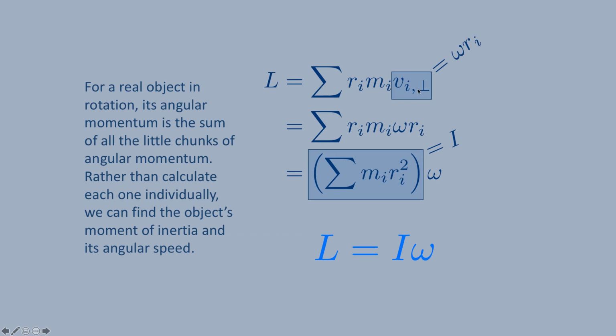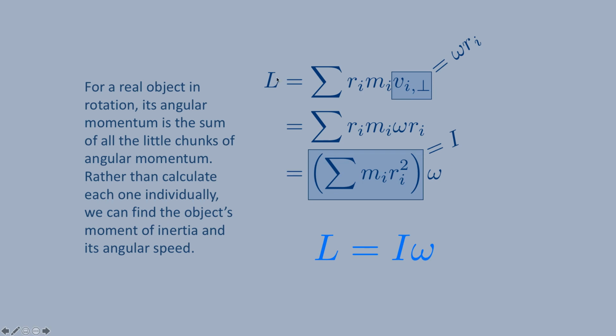So that replaces this, and we have it in the formula like this. Put the R's together and realize that omega is the same for all of them, so you can bring it outside, and then we arrive at this quantity again, which we should hopefully recognize as the moment of inertia.